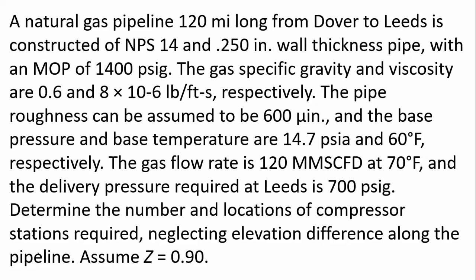A natural gas pipeline 120 miles long from Dover to Leeds is constructed at nominal pipe size of 14 inches and 0.250 inches wall thickness with a maximum operating pressure of 1400 psig.